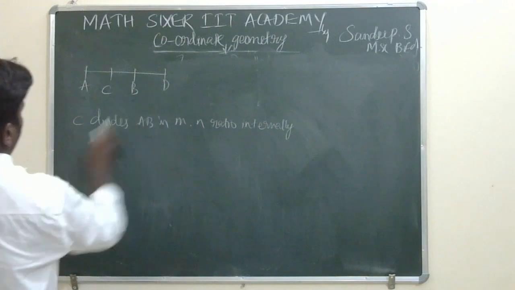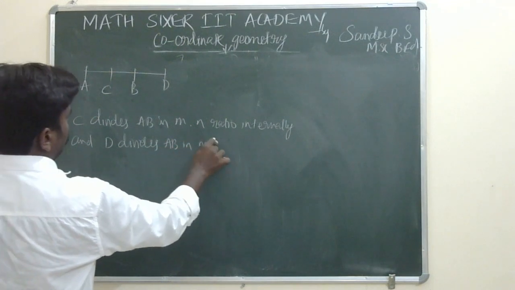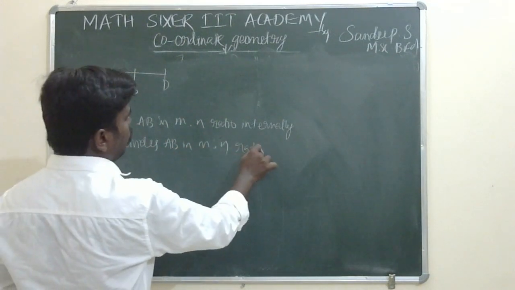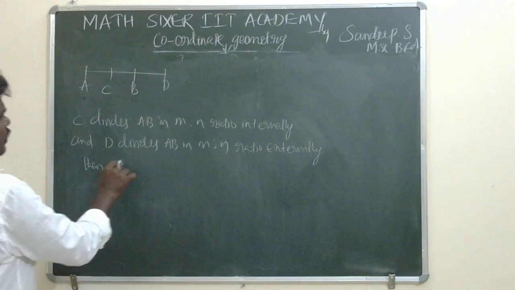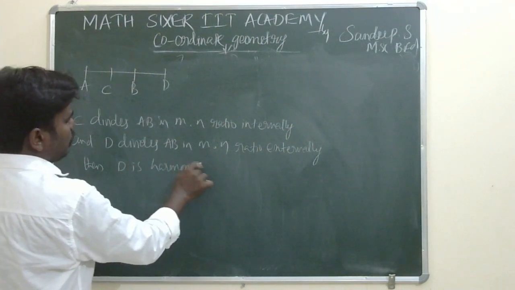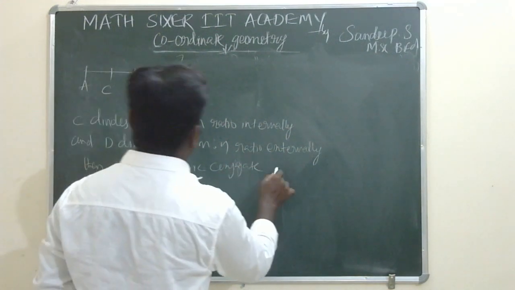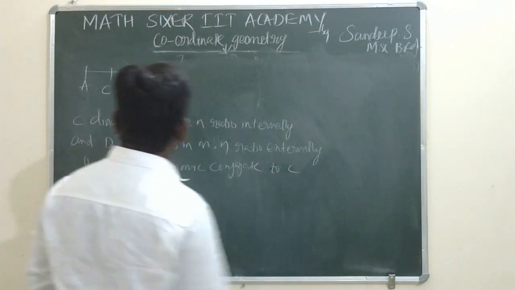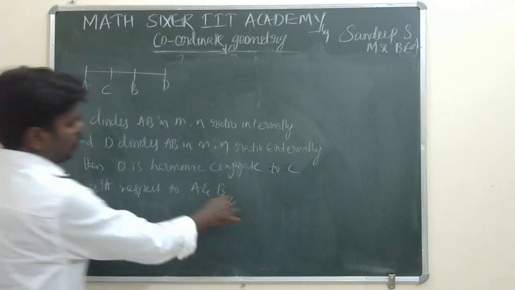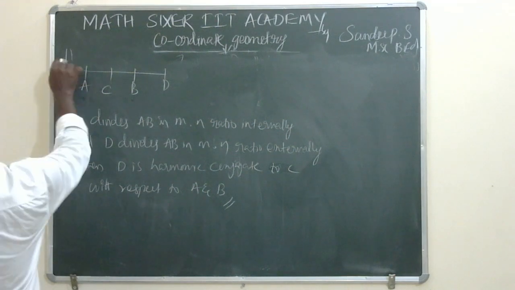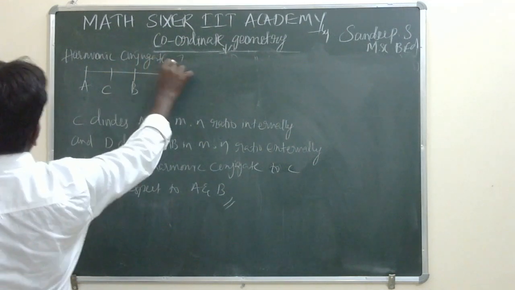and D divides AB in the m is to n ratio externally, then we can say D is the harmonic conjugate to C with respect to A and B. Okay, so here you see the harmonic conjugate definition again.